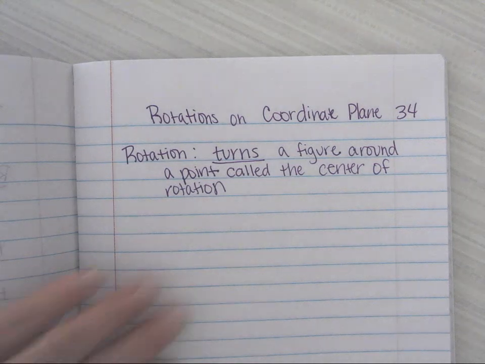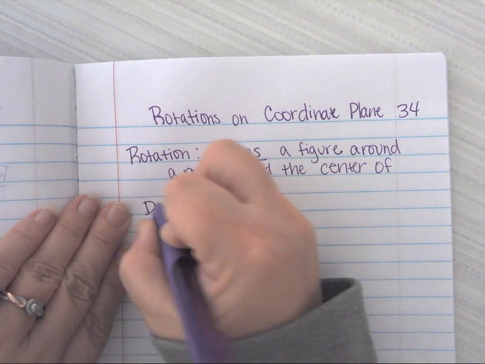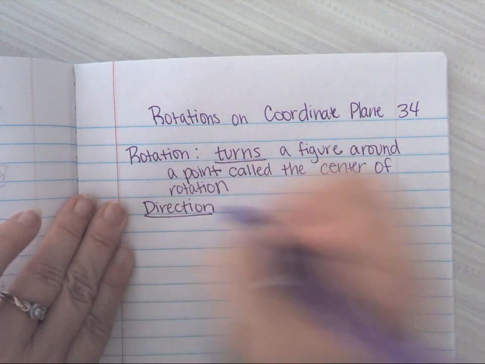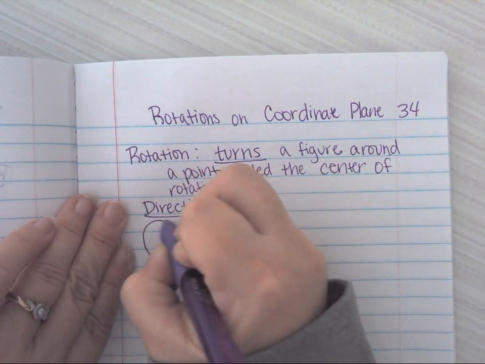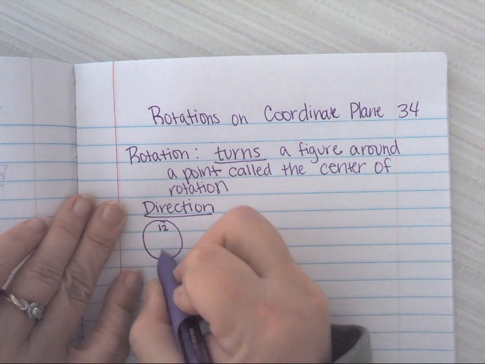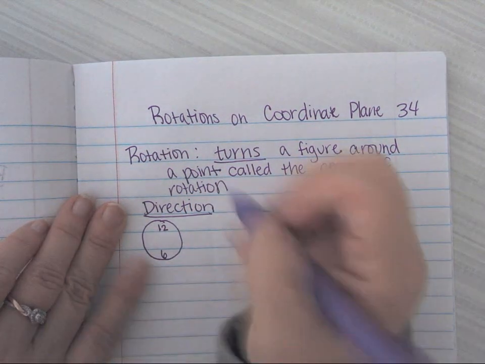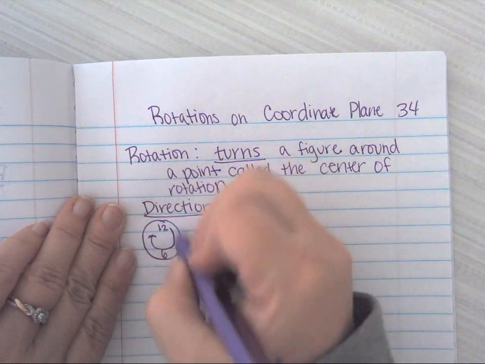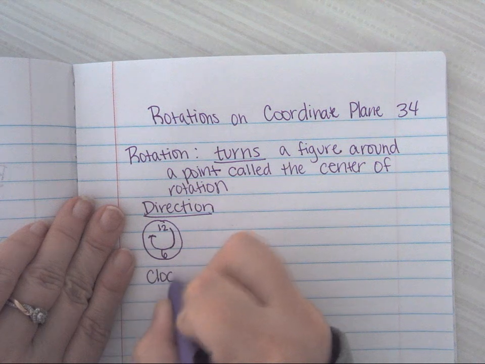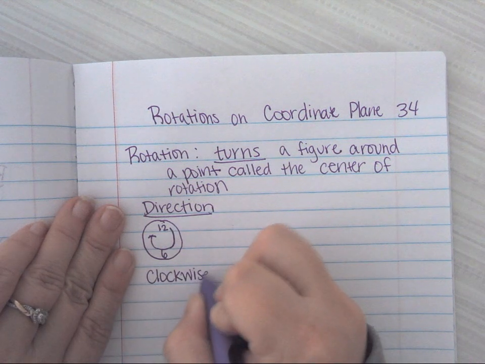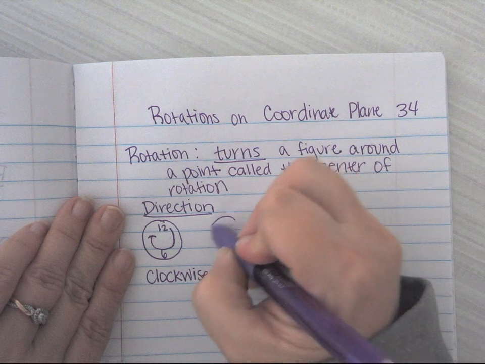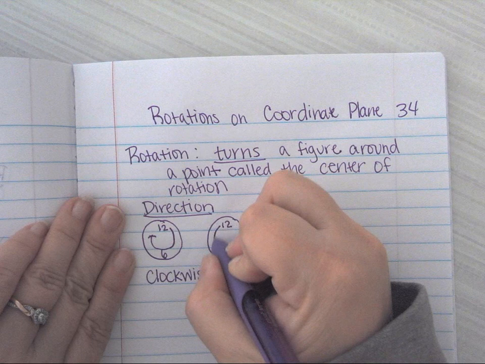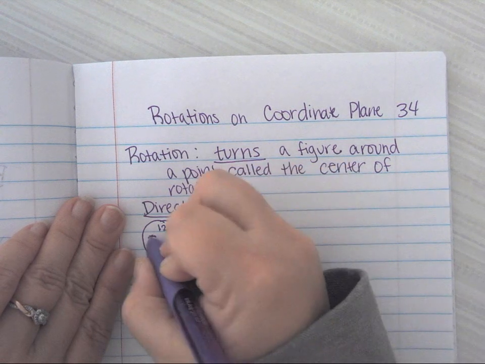Now what you have to remember is the direction that you're going. You have to think about a clock. On a clock we have 12 and 6. If we're going clockwise, that means we're going this way, the way a clock normally goes. If we are going counterclockwise, that means we're going backwards.